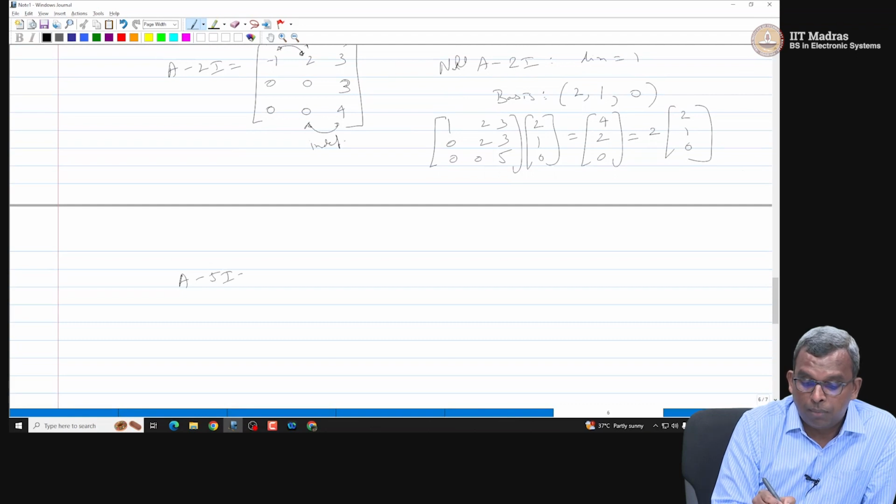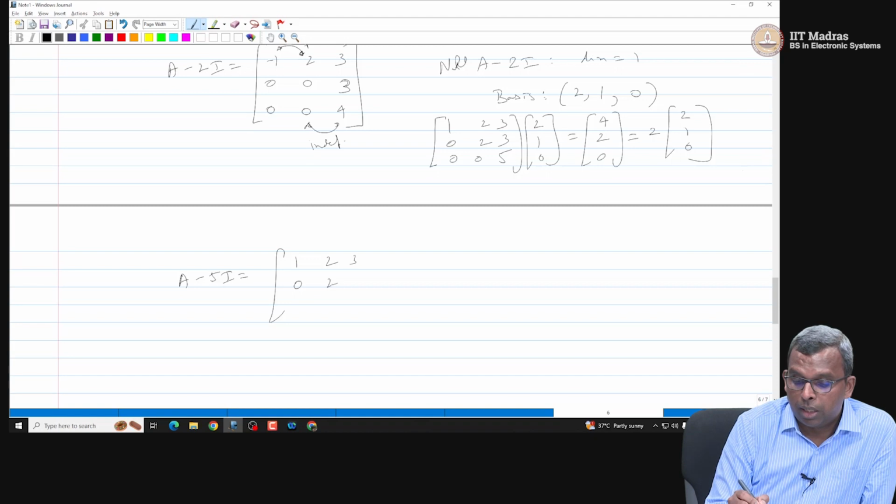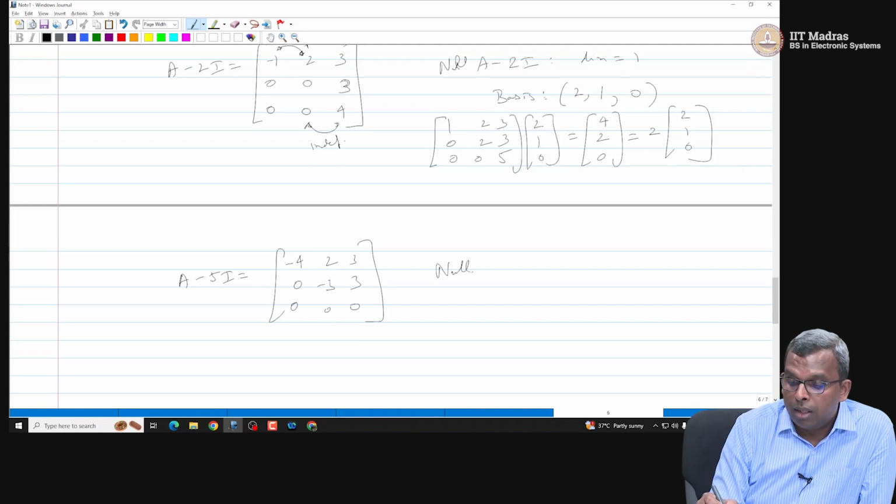A minus 5I is going to be, I am skipping the thing quickly, [-4, 2, 3; 0, -3, 3; 0, 0, 0]. Here again you can go row wise and quickly identify that the null space of A minus 5I has dimension 1.